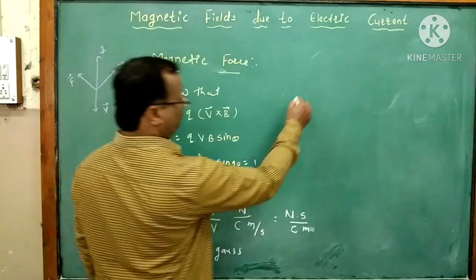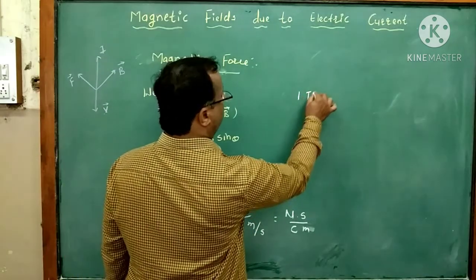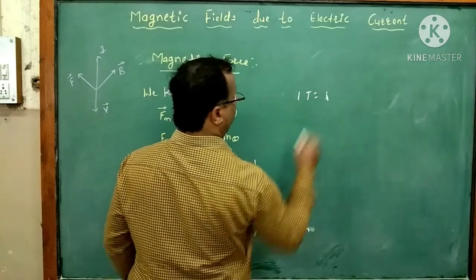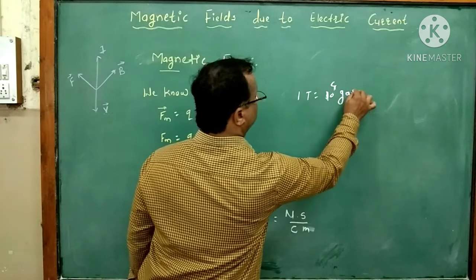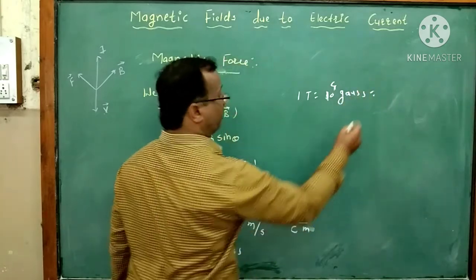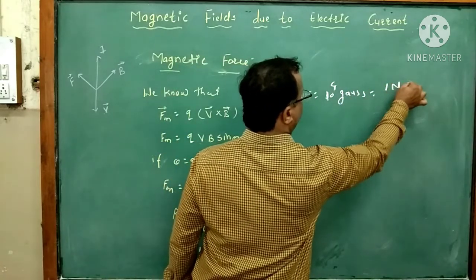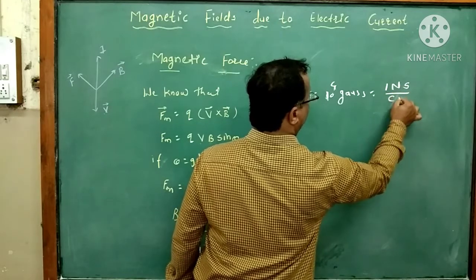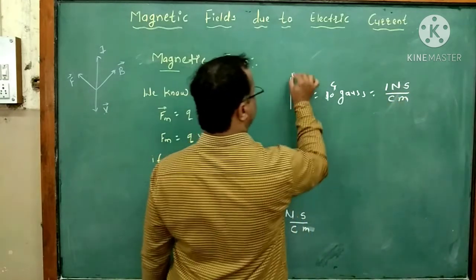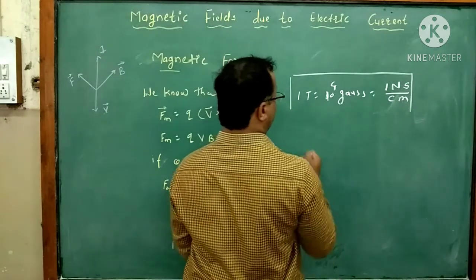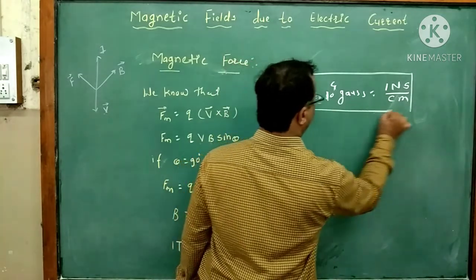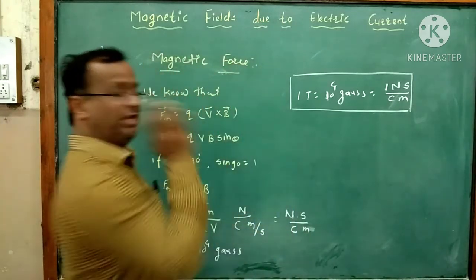Once we want to write down, 1 Tesla is equal to 10 raised to 4 Gauss, which is equal to, what we get there? 1 Newton second per coulomb meter. So this will be the SI unit of the magnetic induction. Now see once.